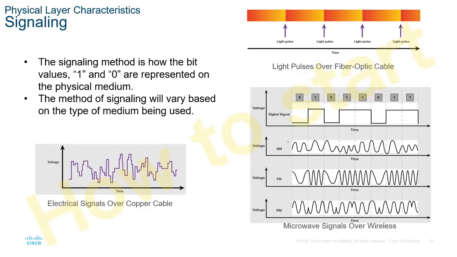Here we're talking height. Here we're talking length. Here we're talking our phase. You'll notice that here the phase shifts. If we're talking fiber optic, it's going to be light pulses. So again, it just kind of depends on the type of media that we're using to represent those 1s and 0s.